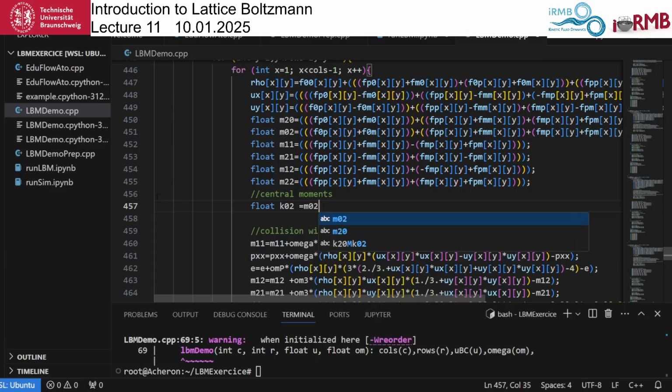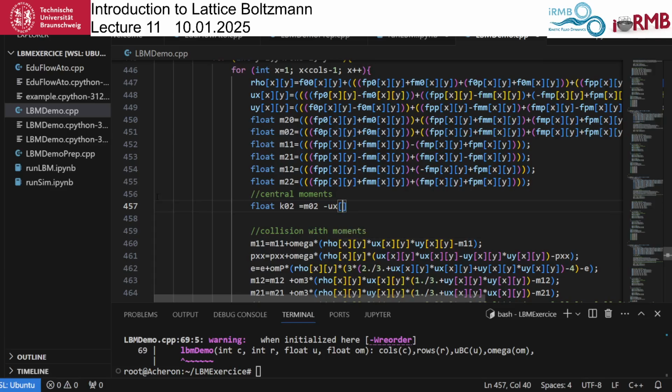So this is M20, and in the lecture we've just written that this is M20 minus UX squared times rho, right?